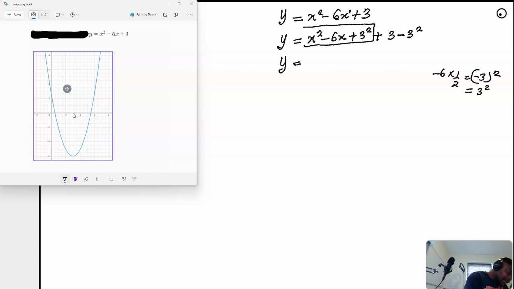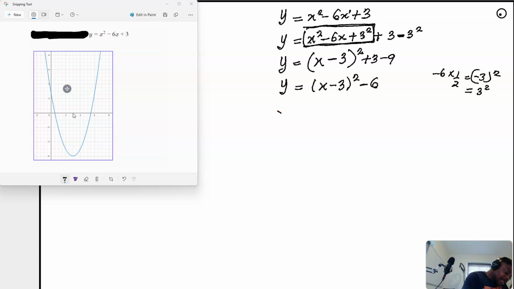I can rewrite this one as x squared, and this is 3 squared. So minus times plus is minus. Everything here is the same thing as x minus 3 all squared. So this is plus 3 and this is minus 9, right? So y is equal to x minus 3 all squared minus 6.